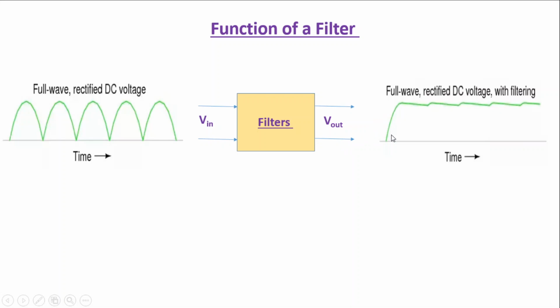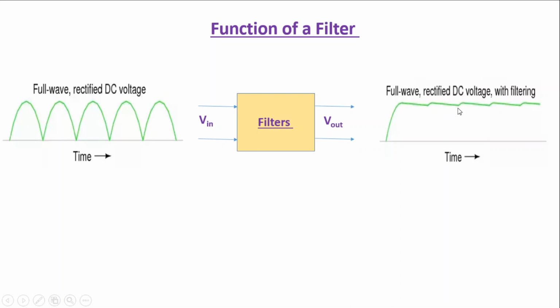So after the filtering, you can see that the signal has lost much of its AC component, or much of the variation in the rectified DC voltage is now lessened in the output of the filter. Thus we can say that the output of the filter still has a little bit of varying component.